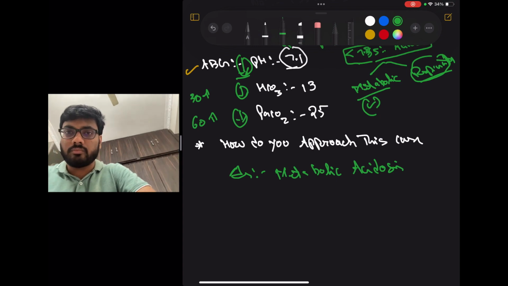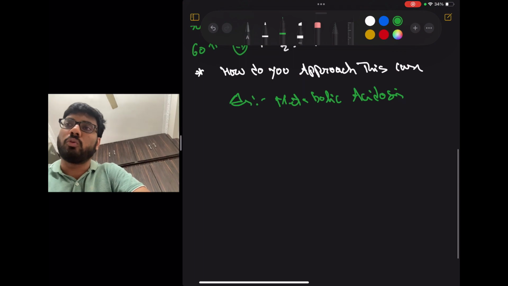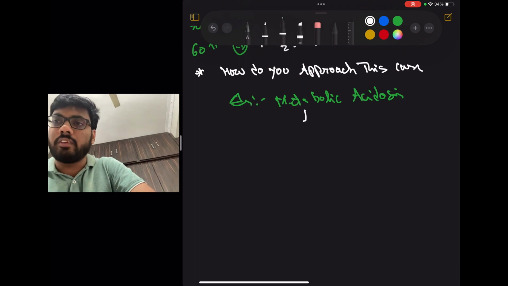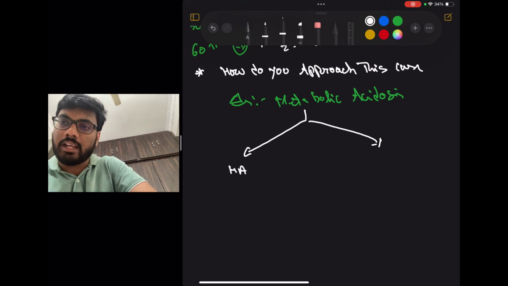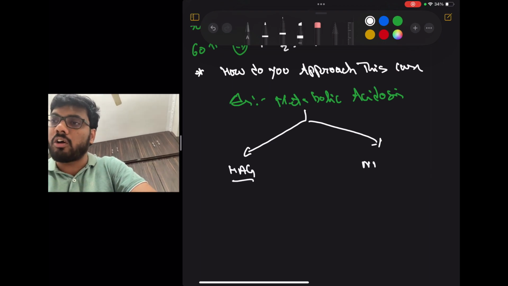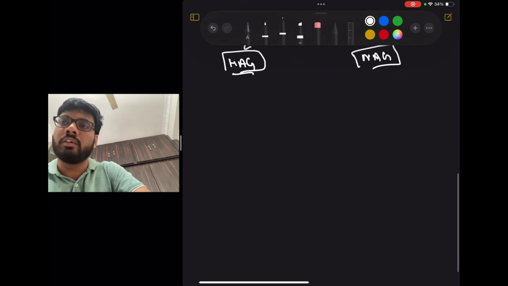Whenever you diagnose a metabolic acidosis, the next step is to classify it. We have two types of metabolic acidosis: high anion gap metabolic acidosis and normal anion gap metabolic acidosis. How to calculate the anion gap?